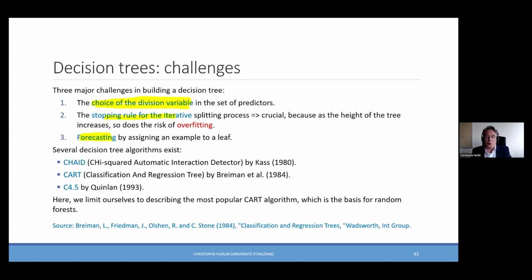To answer these 3 points, we implement a given algorithm. There are many algorithms to produce a decision tree, and one of the most famous is CART, the classification and regression tree, proposed by Breiman and co-authors in 1984. This is the reference of this paper.